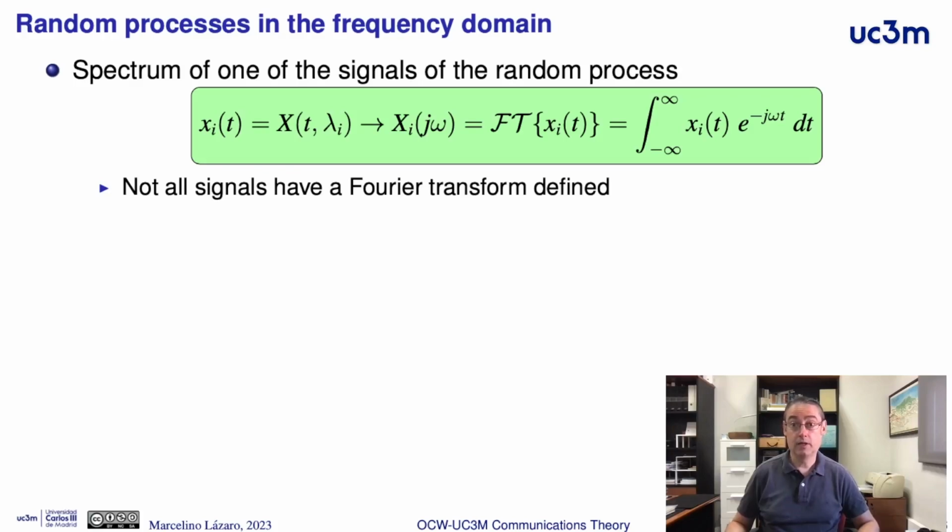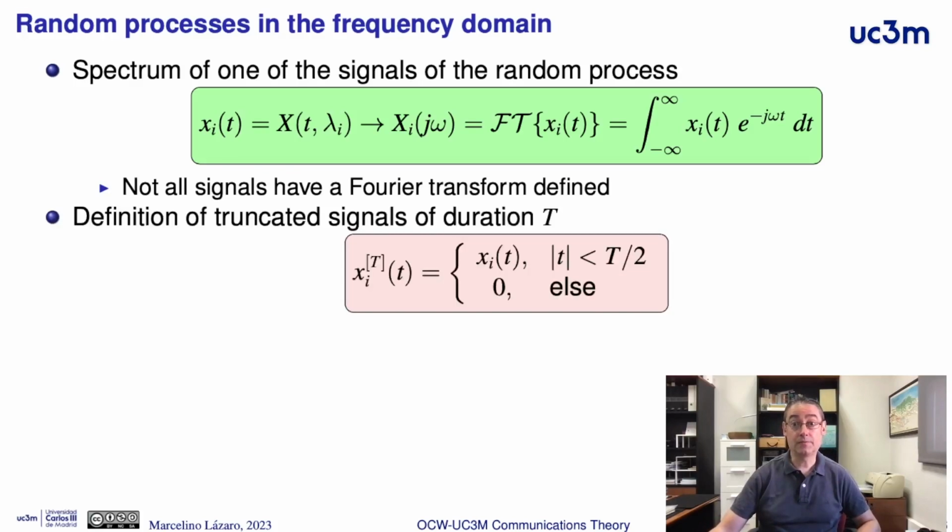But maybe, because we have an infinite integral in the definition of the Fourier transform, some of these signals have not defined a Fourier transform. To overcome this potential drawback, it's possible to define the truncated signals with a given duration capital T. We truncate the signals from minus T divided by 2 to T divided by 2.